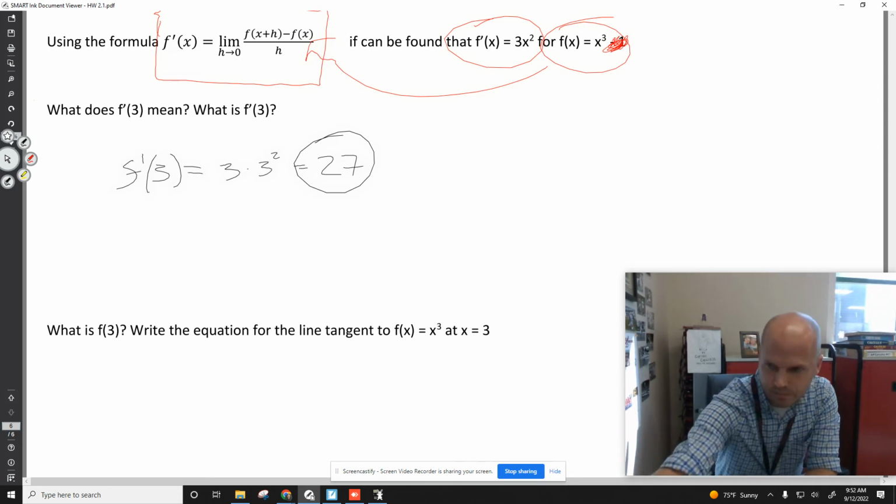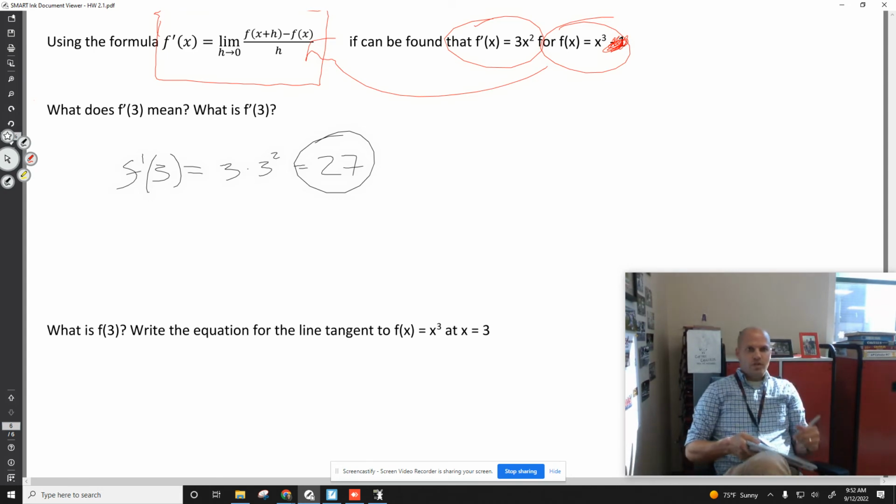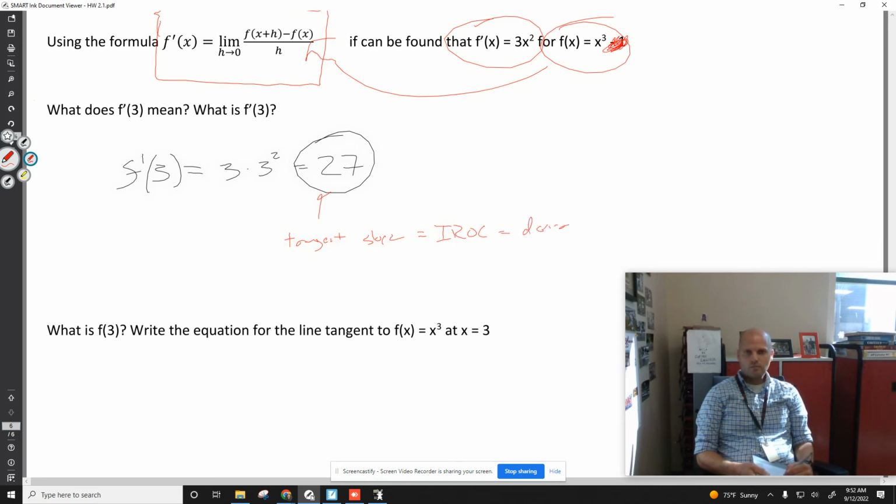Appreciate it. Thanks. Okay. This means this is the tangent slope, which is the instantaneous rate of change, which is the derivative of f of x, which equals x cubed, at x equals 3.